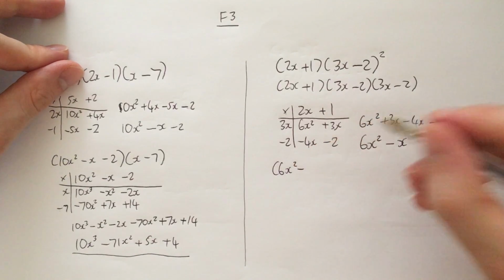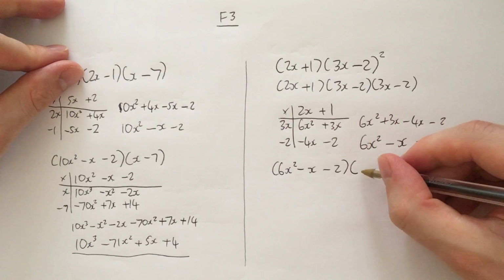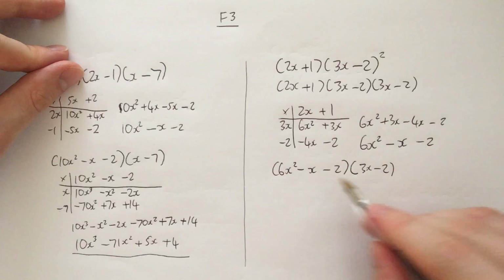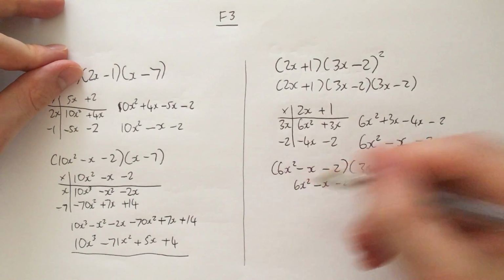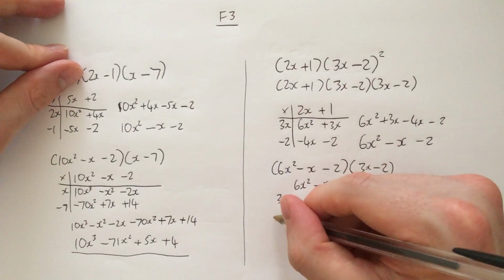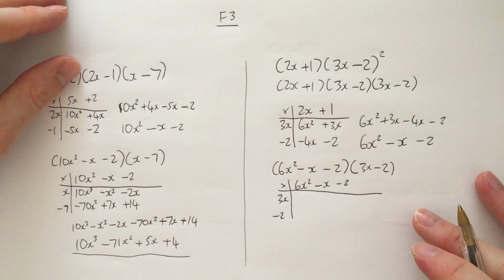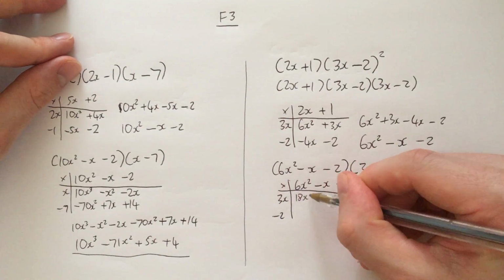6x squared minus x minus 2. Open the bracket for the last bracket there. 6x squared minus x minus 2, and then 3x minus 2. Multiply them. 6x squared times 3x is 18x cubed.